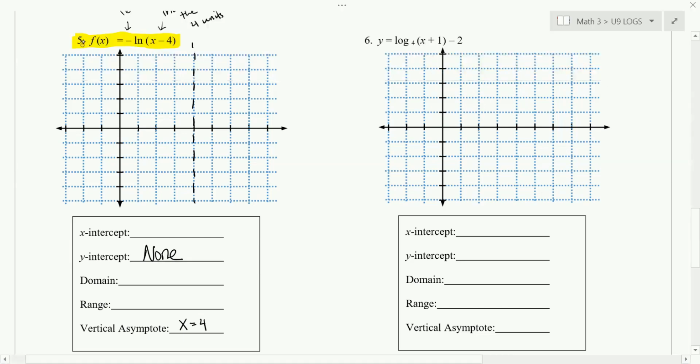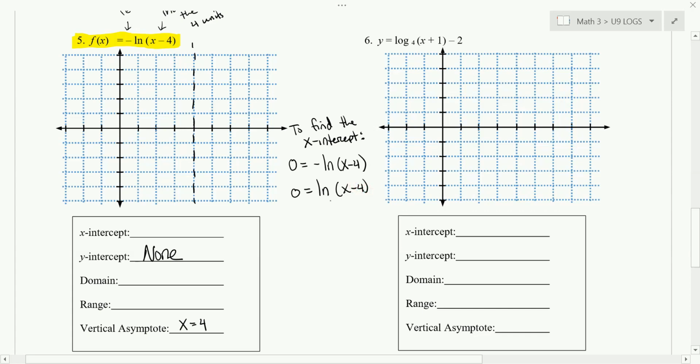We can find our x-intercept by plugging in 0 for y and solving. I'm going to multiply both sides by a negative, and I get 0 is natural log of x minus 4.